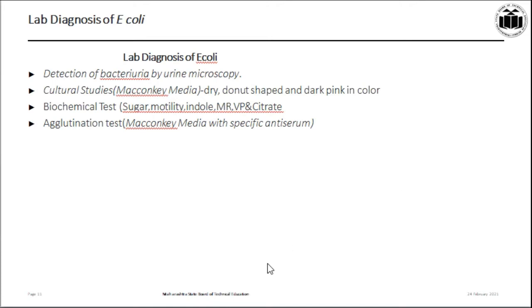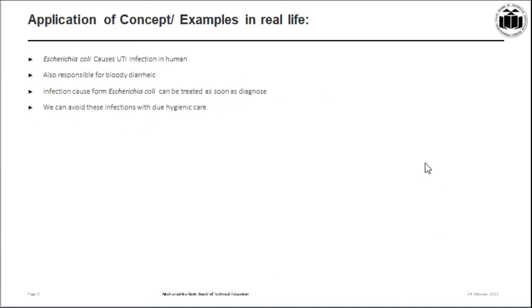So, in such a way, we have discussed the morphology of E. coli, cultural characteristics of E. coli, pathogenicity of the E. coli, and finally how lab diagnosis of E. coli takes place.